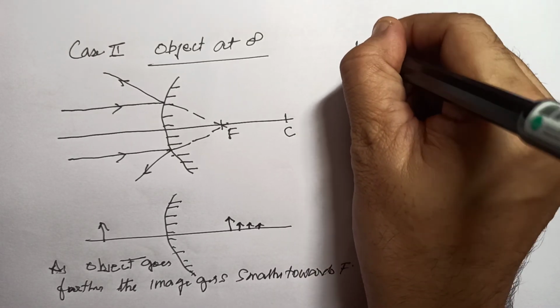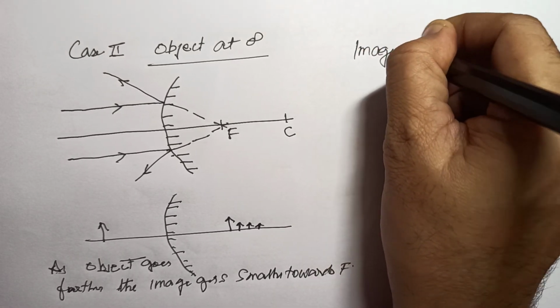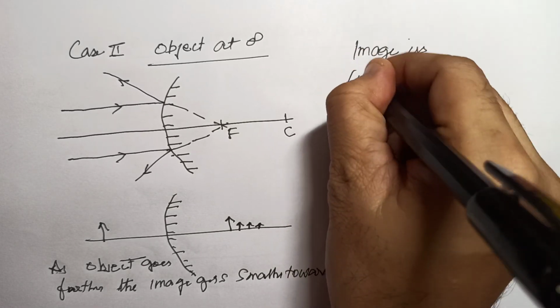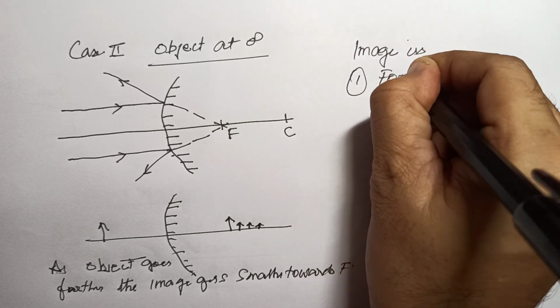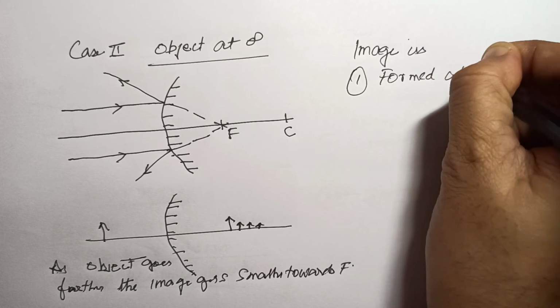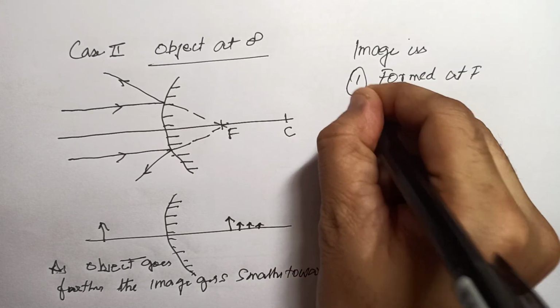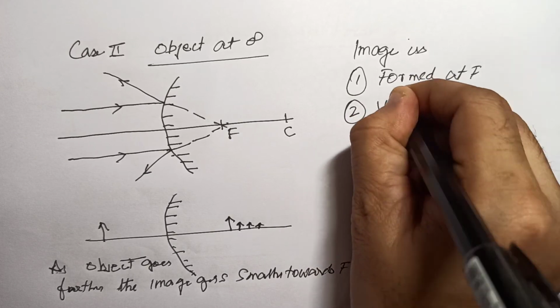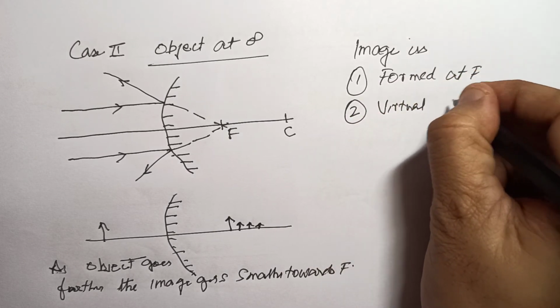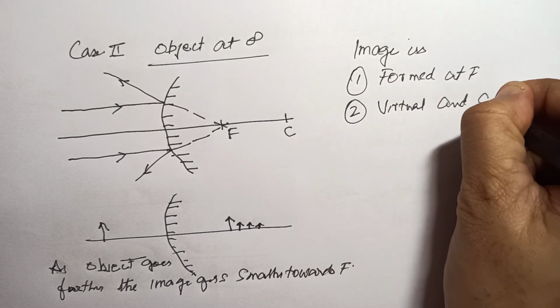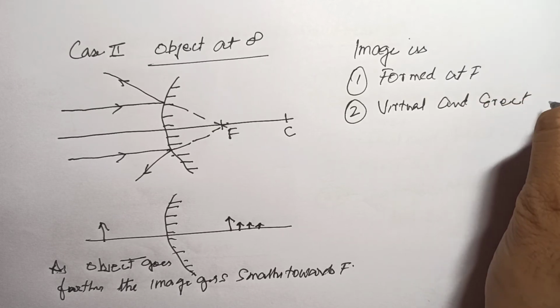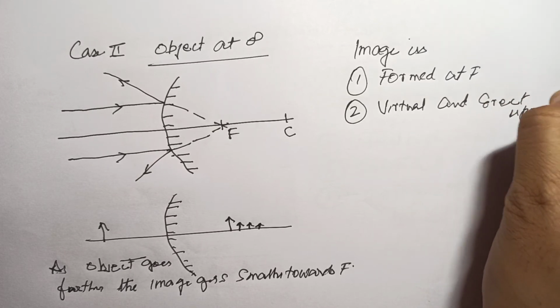So if I have to write all the things, the image is formed at F. Second, virtual and erect, or upright.